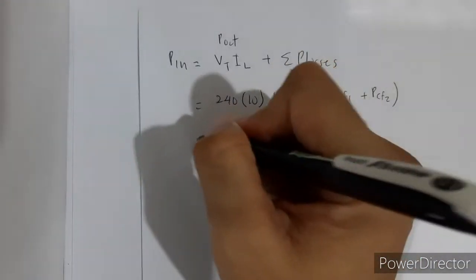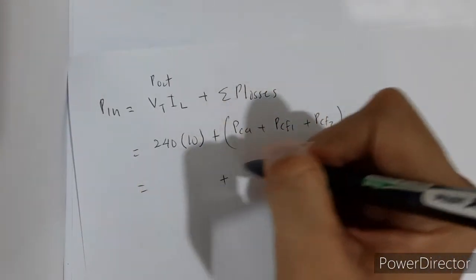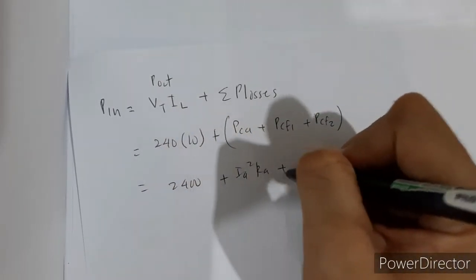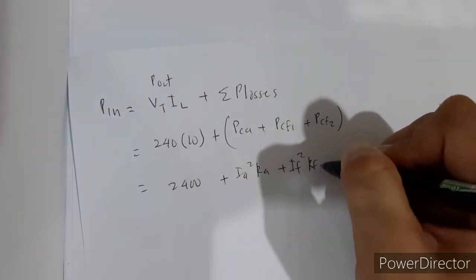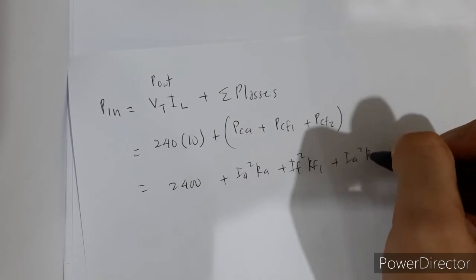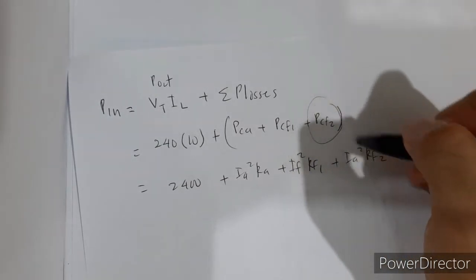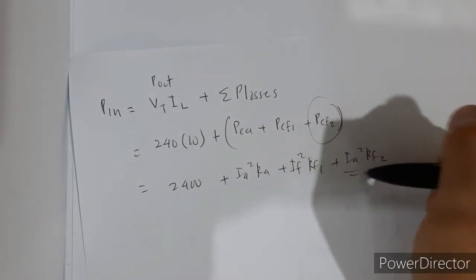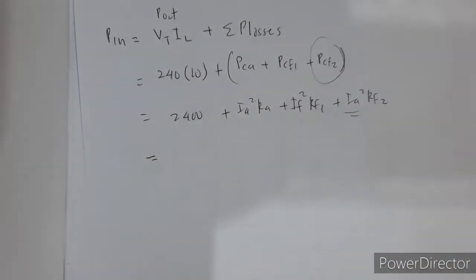You can calculate this one: IA squared RA plus IF squared RF1 plus IA squared RF2. Remember on the series field resistance, the current flow is IA, so this one is multiplied by IA squared.